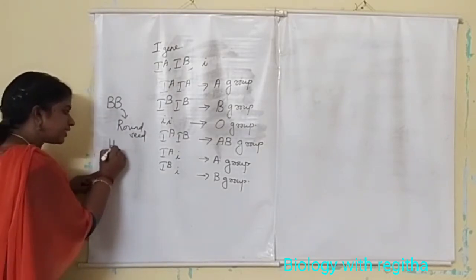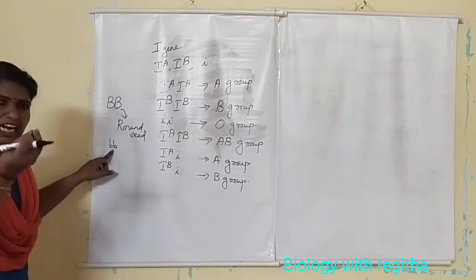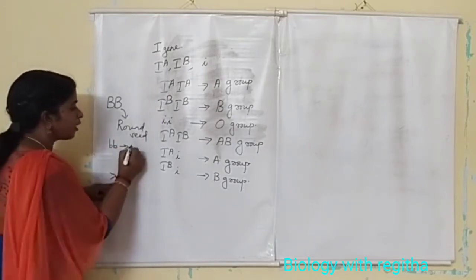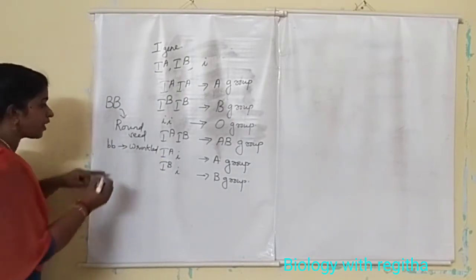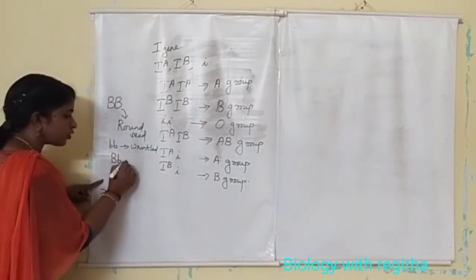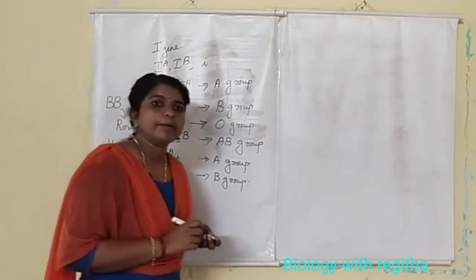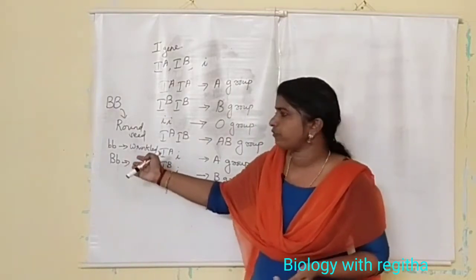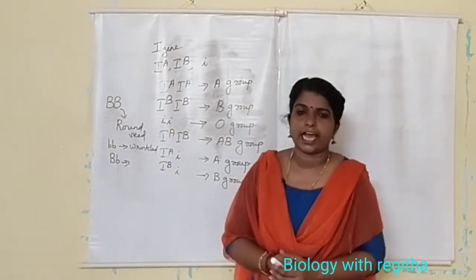If the gene is in homozygous recessive condition, less amount of starch is synthesized and the seeds become wrinkled. And if the condition is heterozygous, then a medium amount of starch will be synthesized. So we can say it is also an example of incomplete dominance in the phenotypic expression.